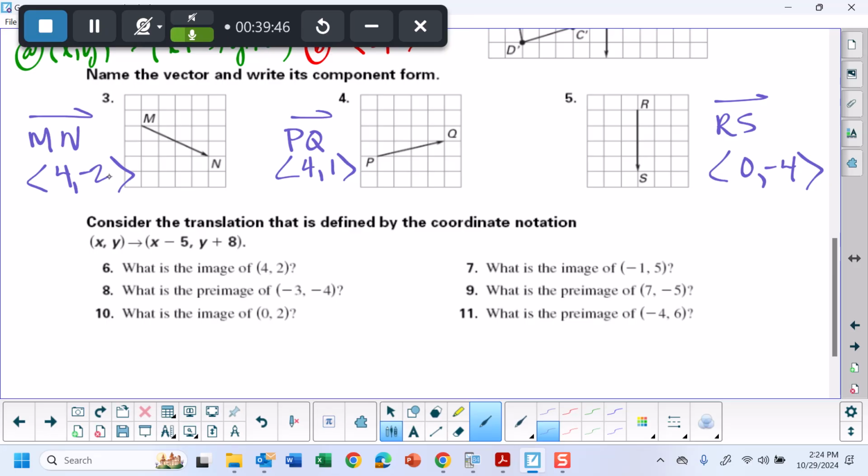In order for me to get from R to S, it's over 0 down 4. Do I have it right now? Yes. Good. Anybody catch that mistake? Matthew, did you? Yeah. Okay. That's 2 so far I've done backwards.